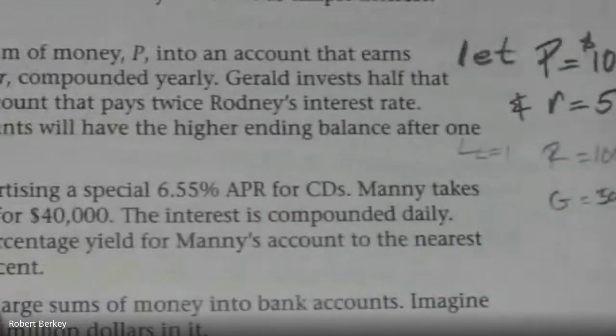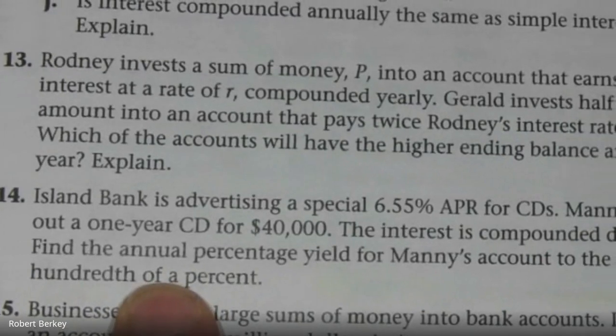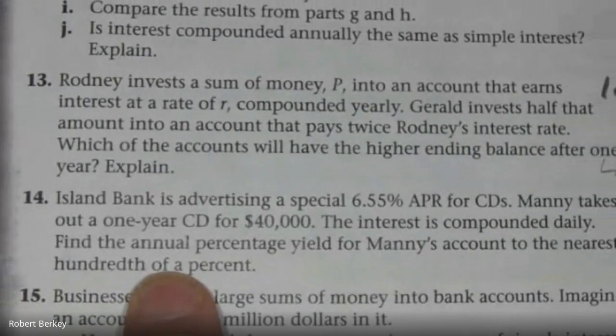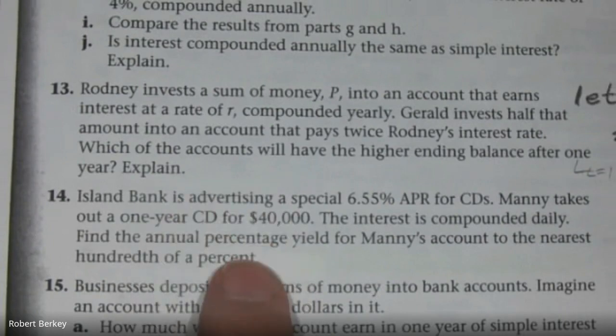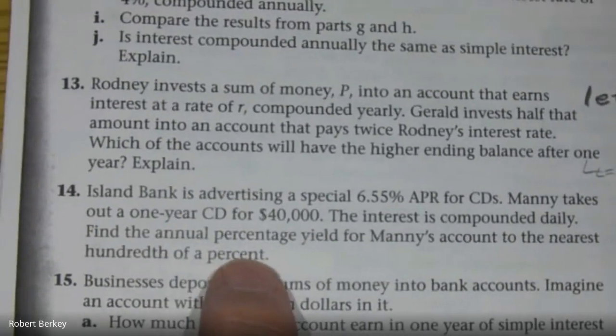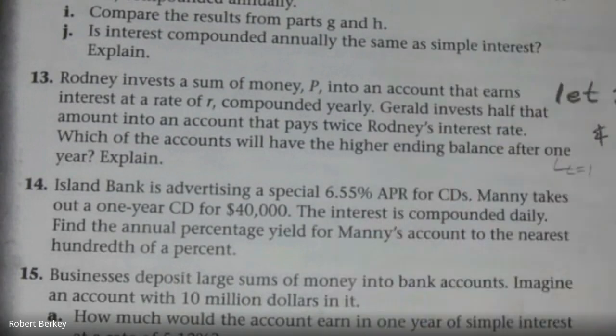Takes out a 1 year, and usually when they're talking about yield, they usually do it for 1 year. It's a little more complicated than that, but you have to do it for a year. If you do a multi-year thing, like I was doing in the example on the back, you have to be careful. Here they're not.